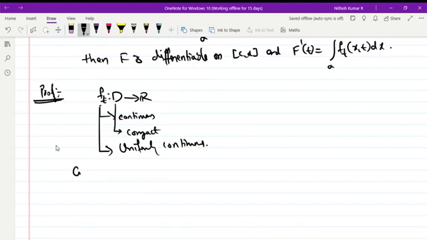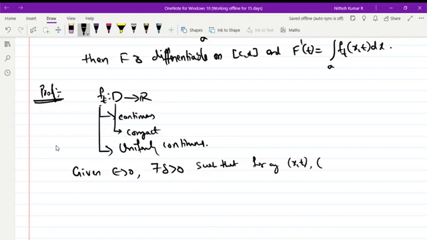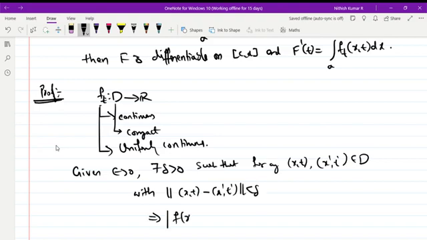So given any epsilon greater than 0, there is delta greater than 0, for any (x, t), (x dash, t dash) belonging to D with norm of (x, t) minus (x dash, t dash) less than delta, we have modulus of f t of x comma t minus f t of x dash comma t dash is less than epsilon.